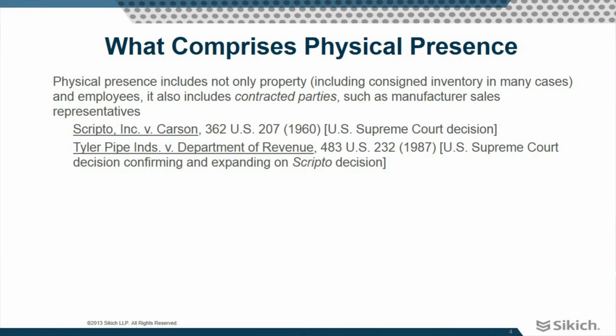There are two leading U.S. Supreme Court cases on this very issue: Scripto Inc. versus Carson, a 1960 case, and also the 1987 case of Tyler Pipe Industries. And both of these, again, said what was important here was not whether it was an employee or a contracted individual, but rather that what was being done was a business function of the company.